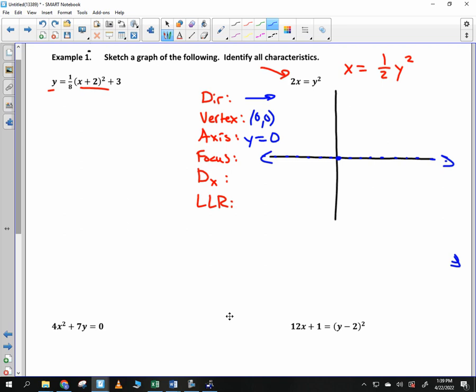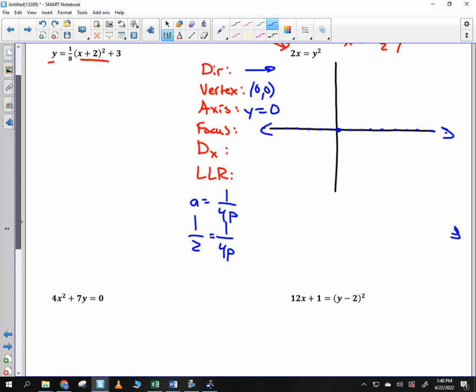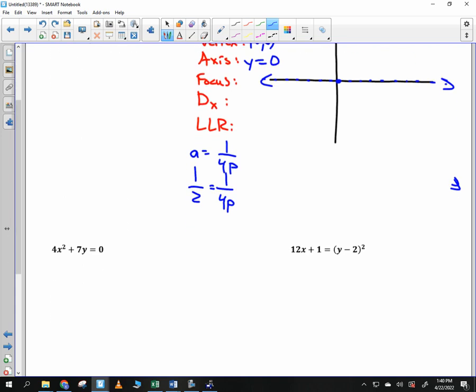We're halfway there. In order to find the other 3, I need to determine what p value. And we know that a is equal to 1 over 4p. What is a in this circumstance? So 1/2 is equal to 1 over 4p. How do we solve that equation? We could just cross multiply, right? And we get 4p is equal to 2.